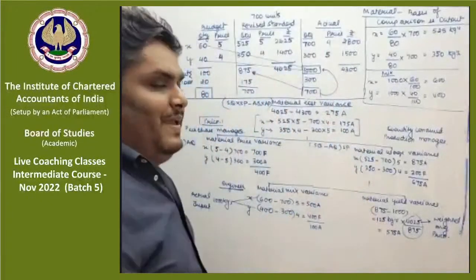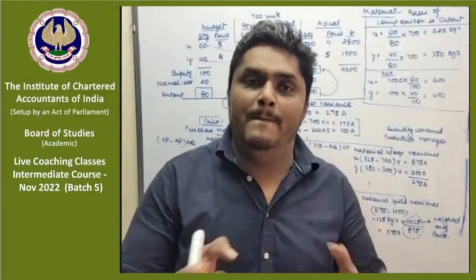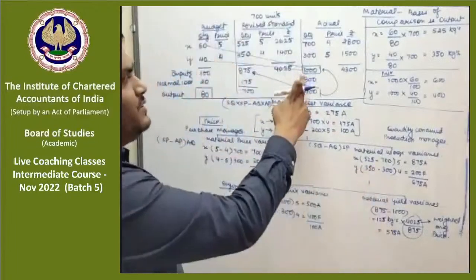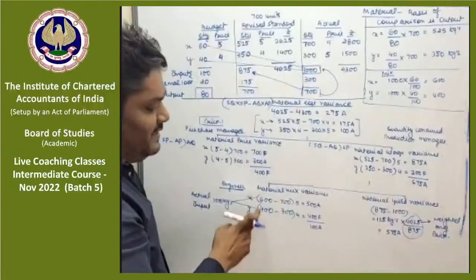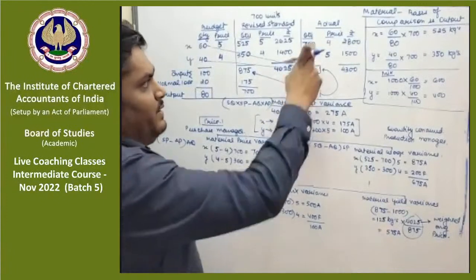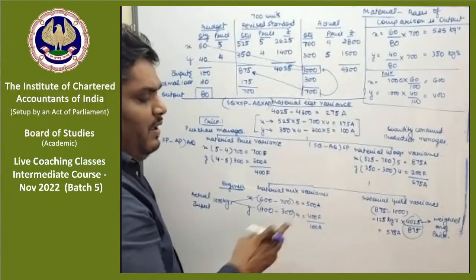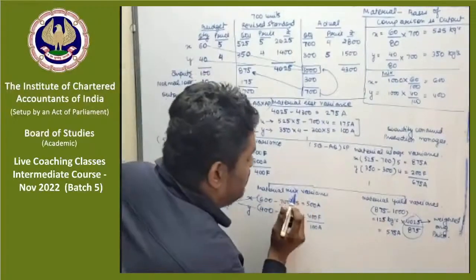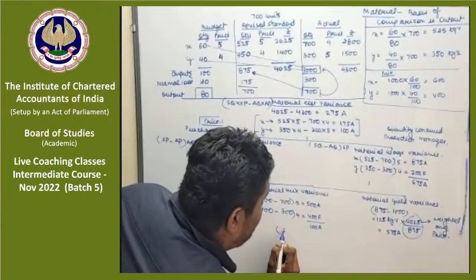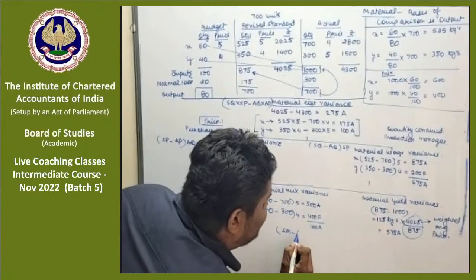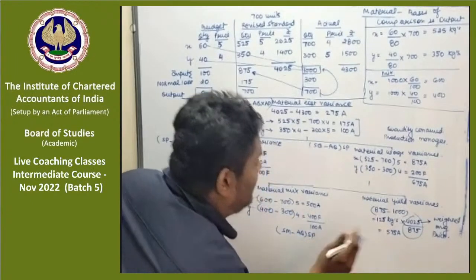When talking about mix and yield variance, very simple. 1000 input should be in the ratio of 60:40, but the actual ratio was 70:30, that is 700 and 300, into the standard price. So when talking about the formula, very simple, standard mix minus actual quantity into standard price.